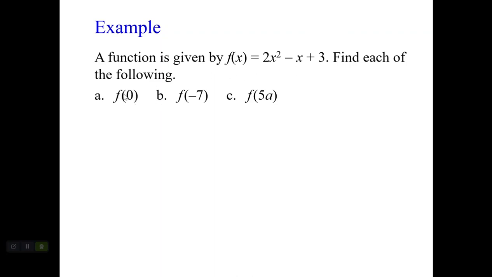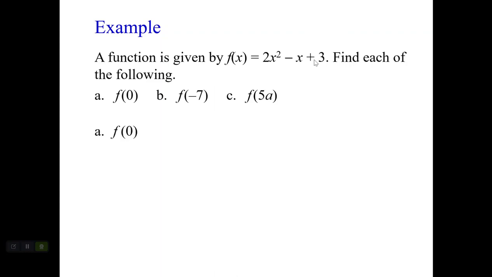So we call it f of 0. If I use this symbol, the f function, I don't have to write down the entire sentence saying, please find the y value when x equals 0. I just need to write down f of 0 and you should know what to do. So we plug x equal to 0 into the equation, and y will be equal to 3.